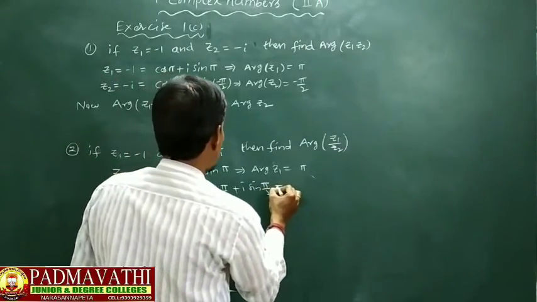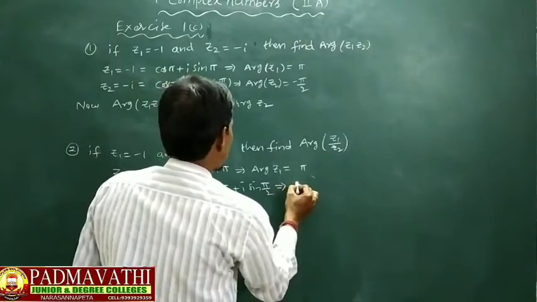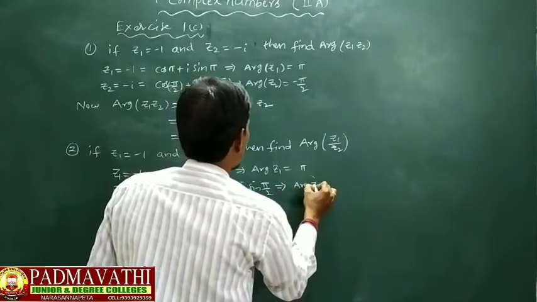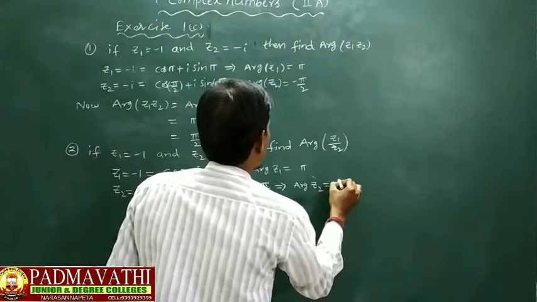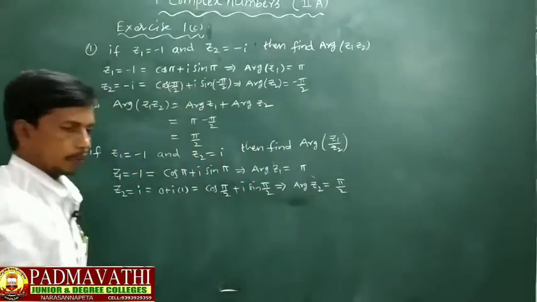So that implies arg z2 equals pi by 2, the angle is pi by 2.